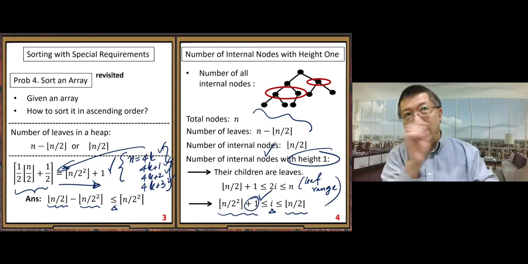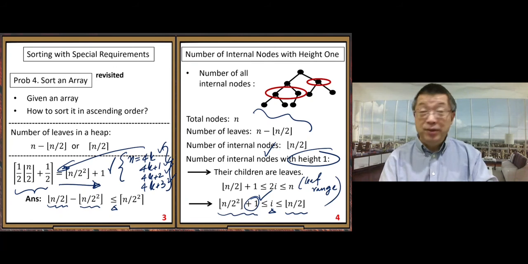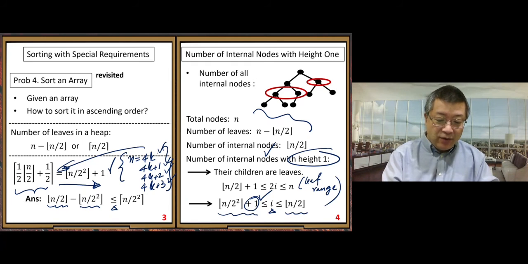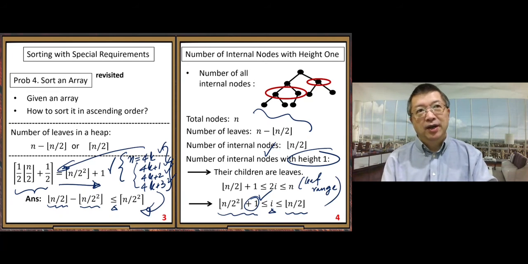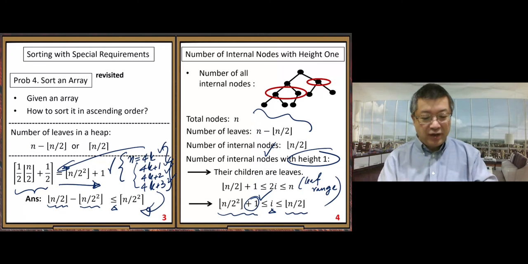Not equal, not less than or equal. It could be less than. How to see that? We look at these 4 cases and we can see that. It is a little more complicated, so I do not plan to do verification here. So you just get that.